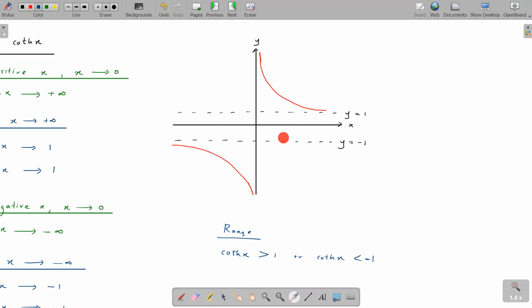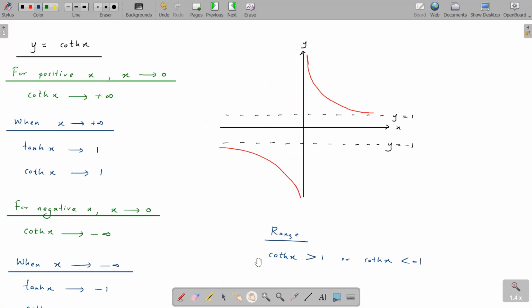Right, guys? It's not in between minus 1 and plus 1. In between minus 1 and plus 1, the graph doesn't exist. So you only have solutions for coth values greater than 1, and you only have solutions for coth values smaller than minus 1. That's it. All right, guys, are you clear? So the graph only exists within those ranges.